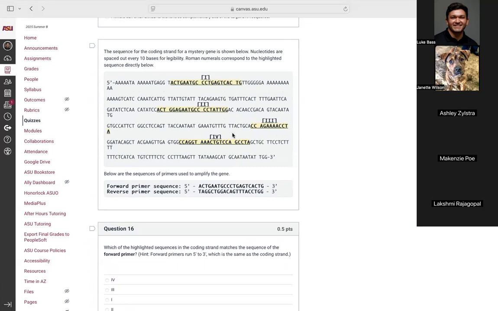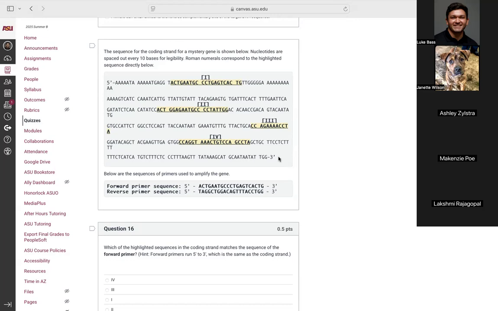A lot of times when a researcher is developing a PCR, they have to create these primers. And I'm realizing now that these bases down here, like this AA, are supposed to go to this first row, so the image itself is a little weird. But the sequence for the coding strand of a mystery gene is shown below, and you know that because it's going 5 prime to 3 prime.